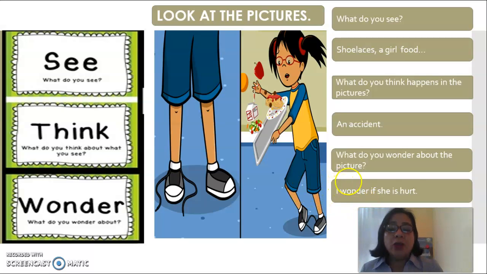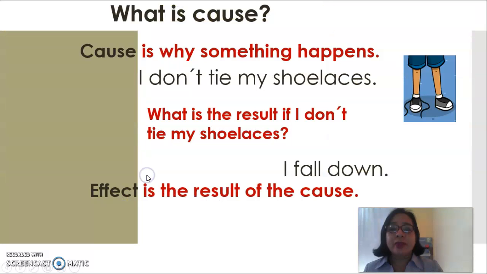Well, now, this is a cause and effect example because she has the shoelaces untied and this is the cause that she stepped on them and the food fell down and maybe she fell down. So this is the effect of not having the shoelaces tied. Okay? Let's see more examples.